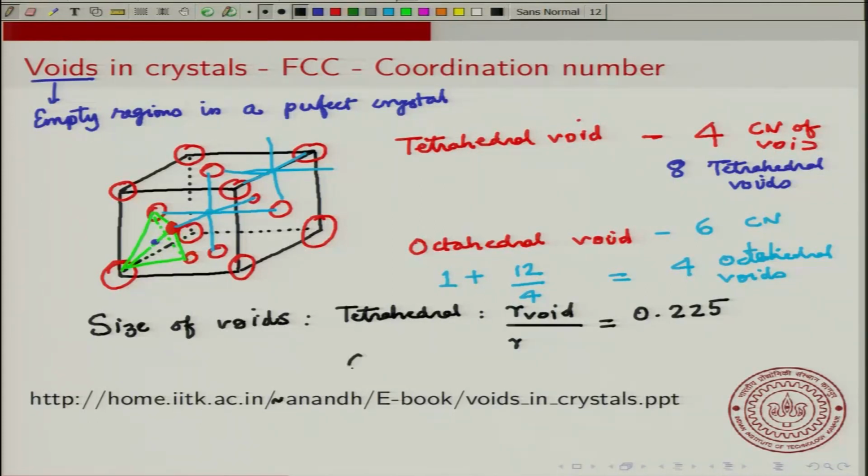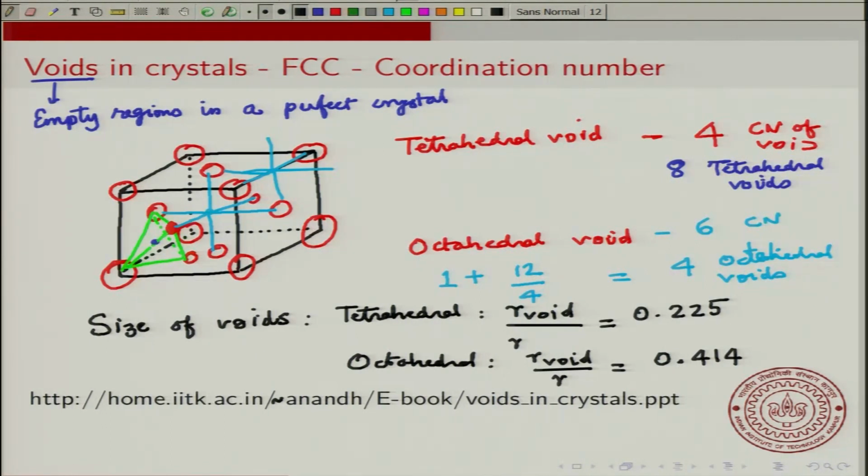For the octahedral void, you can easily show again that the radius of the void divided by the radius of the atom is about 0.414. Actually it is root 2 minus 1, so it is 0.414.